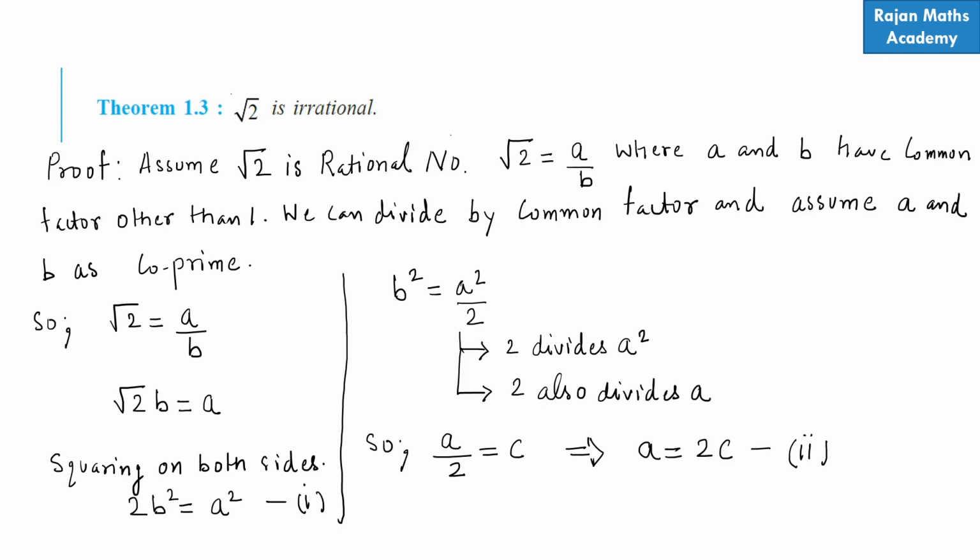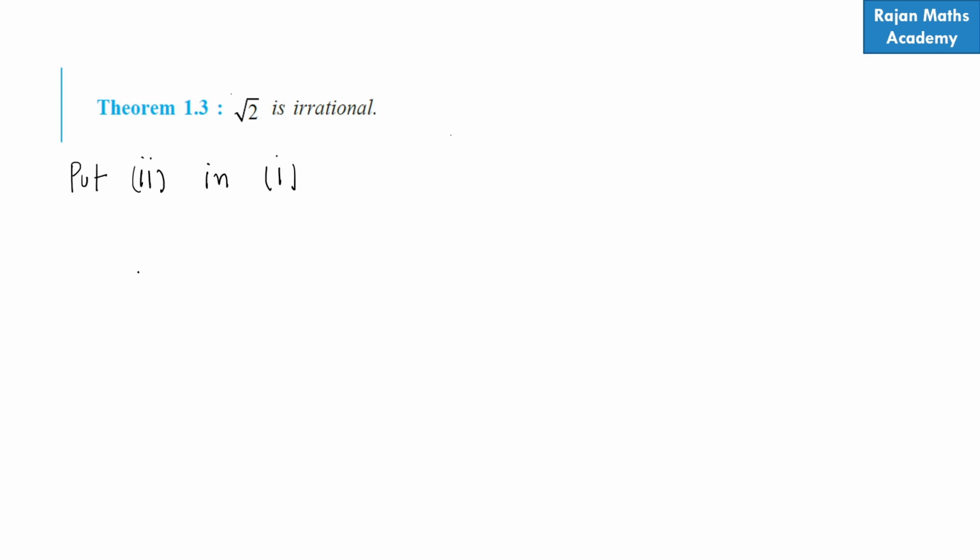So 2b square is equal to a square, and a is 2c, so it is 4c square.